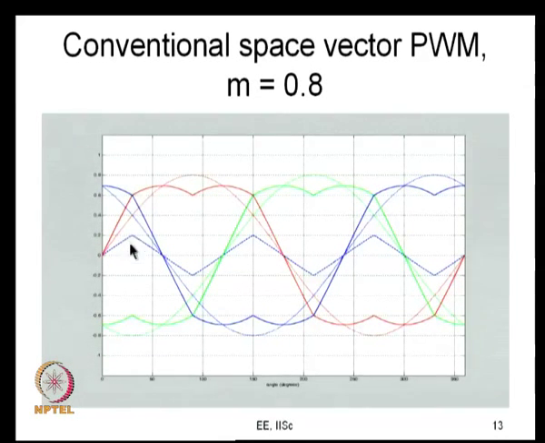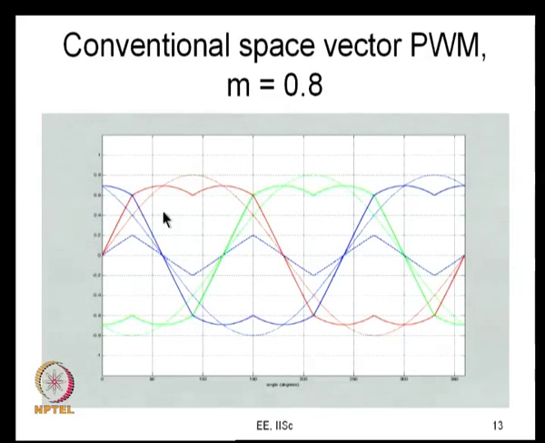Similarly, between 30 and 90 degrees, the red phase is M max, and the blue phase is lower than the red and higher than the yellow phase. This gives you your M mid, this line, and half of that is your common mode signal.